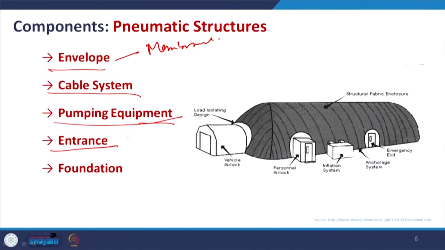So, we have to have an entrance, and that should be airlocked so that it does not release the pressure. We need to take care of that, with constant monitoring of pumping and the overall pressure difference between outside and inside. And the foundation, for stability: the end point may be attached through cable to a particular post, or to some initial foundation on main piers.